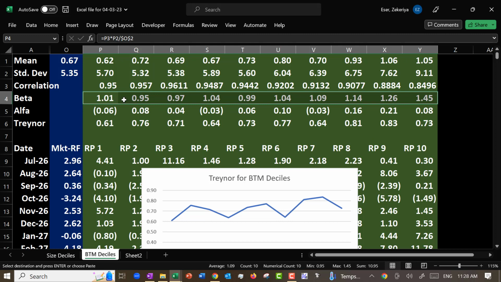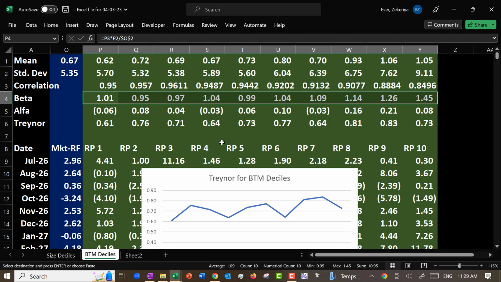Betas are lower for growth firms, and they tend to be much higher for the value firms, especially these last two deciles. So in that sense, some of that extra return differential is explained by extra beta, but not necessarily all of it.